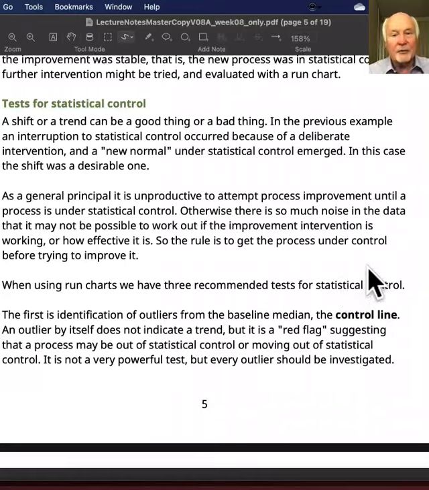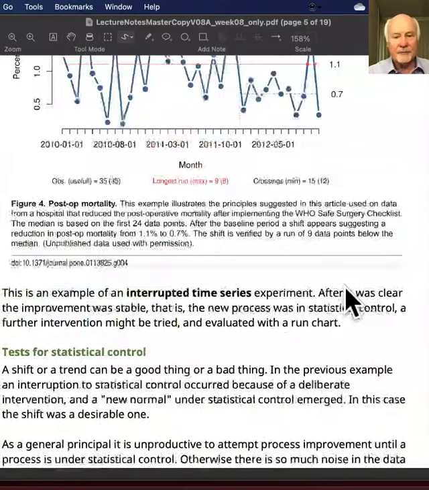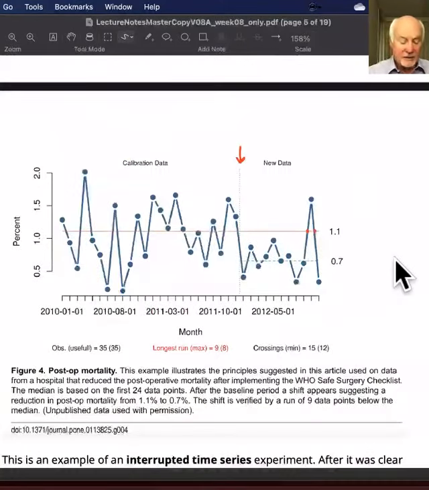But it's a really important idea. So the basic idea here is, let's use this as an example. You want to improve something. You want to improve a process. So it's always about a process. It's always about something that happens over time. There's variation in the process. It goes up and down.